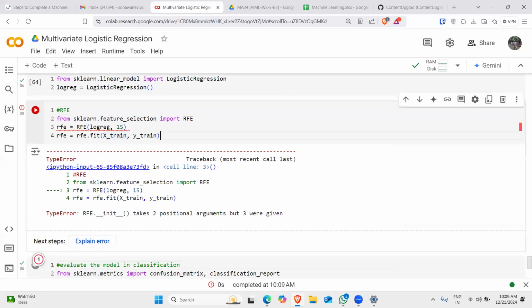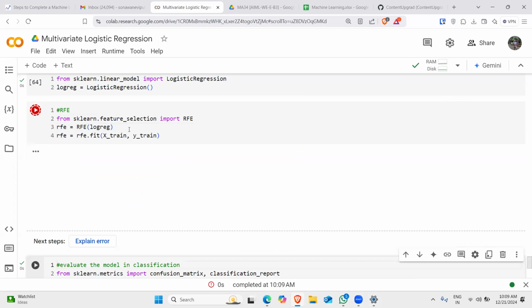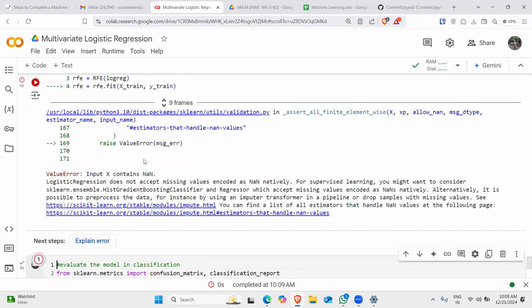Same error we are getting for this RFE. It says it should have two positional arguments. We are passing three, but anyway we are passing only two over there. So I think we should move with the Jupyter notebook in order to resolve this error. See, if I just pass one, it will say you should pass two, right?